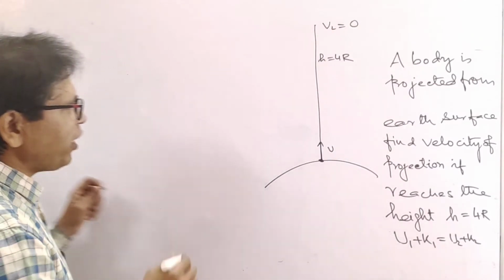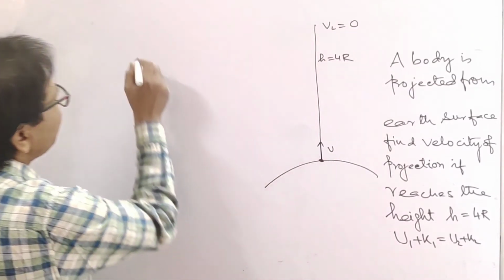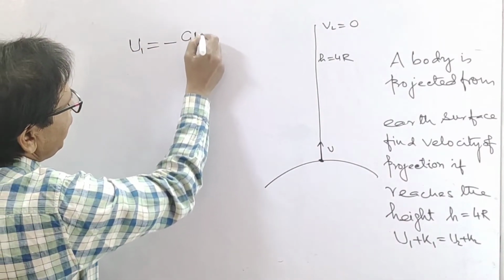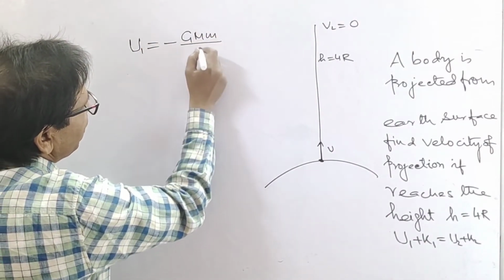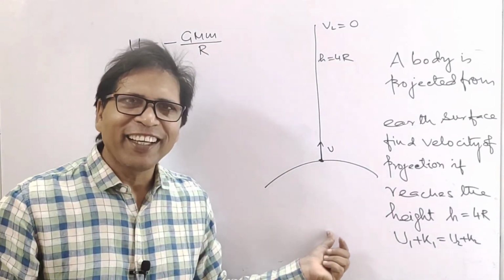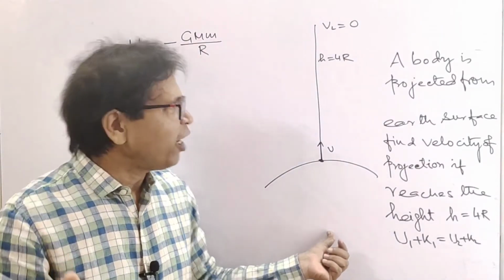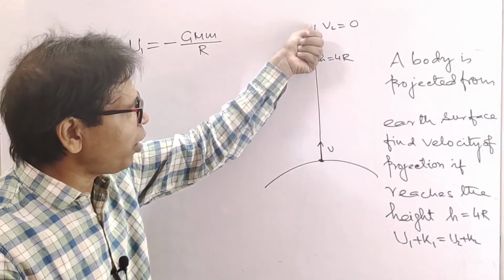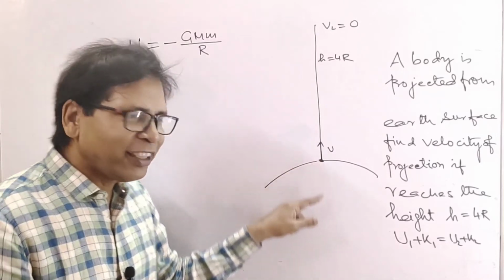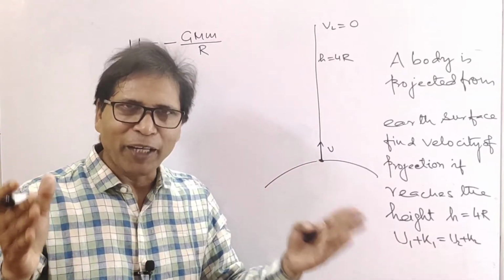Now look at this, what is the U1 on the earth's surface? U1 is minus G capital M small m divided by the distance of this point from the center, that is the radius R. Now what is the distance of this point from the center? This is 4R and this is R, so this is 5R.